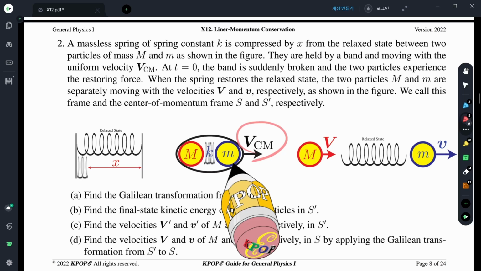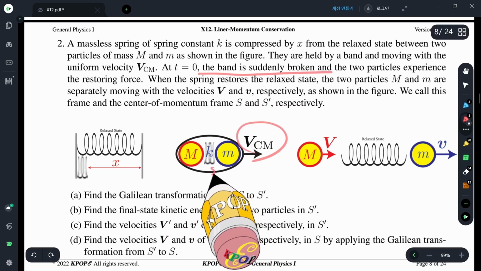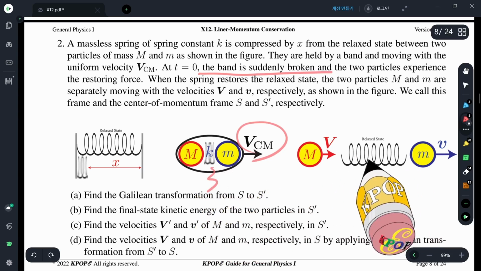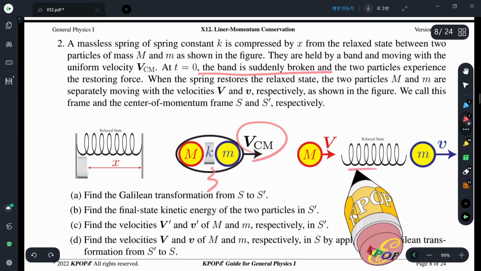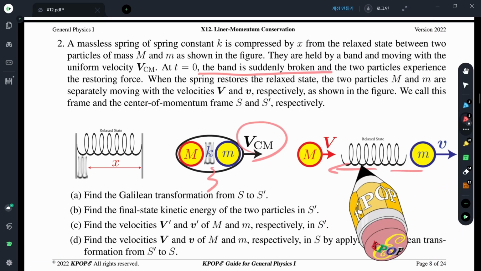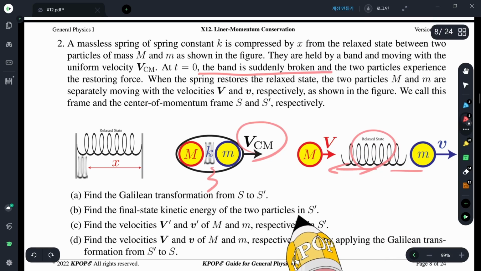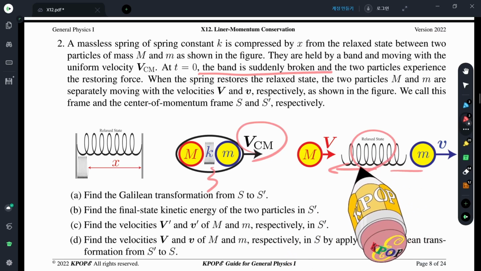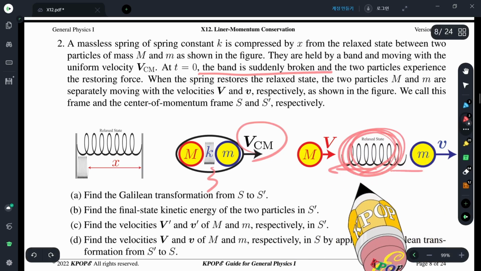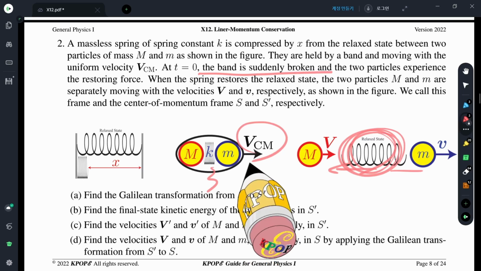And at some point, the band is suddenly broken, and these three pieces move with different speeds, and we assume that after separation, this one does not have any kinetic energy, to simplify the problem.